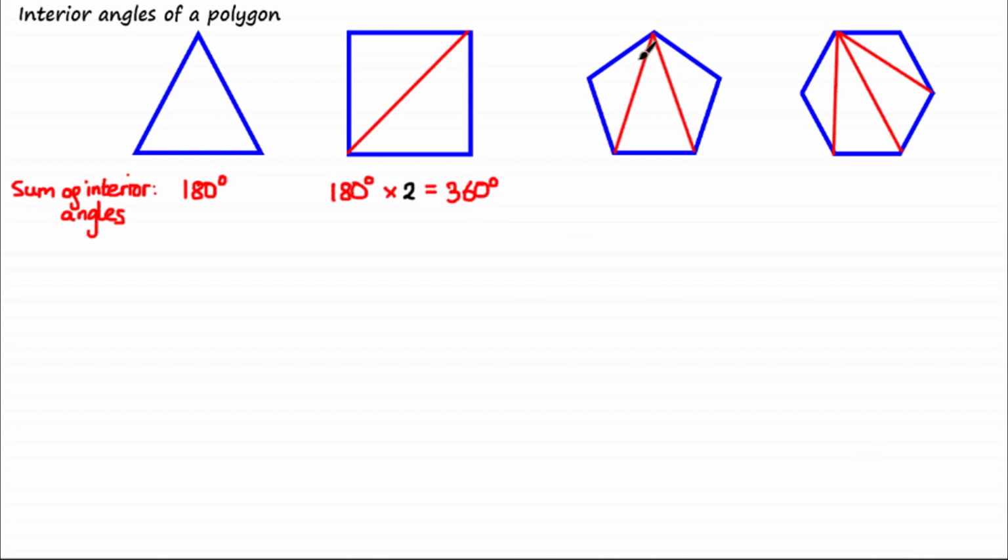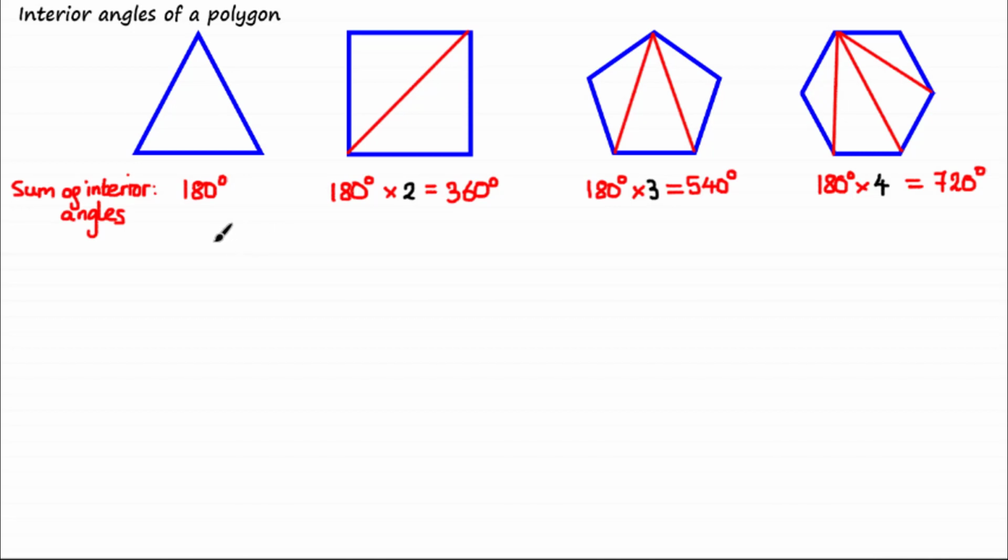This pentagon is made up of 3 triangles, so the sum of interior angles inside the pentagon would be equal to 180 degrees multiplied by 3, which is equal to 540 degrees. And lastly, this hexagon is made up of 4 triangles, and therefore the sum of interior angles of the hexagon would be equal to 180 degrees multiplied by 4, which is equal to 720 degrees.